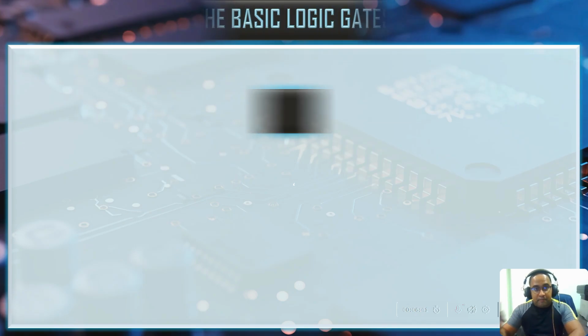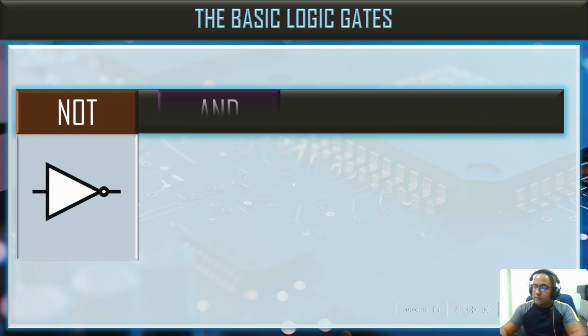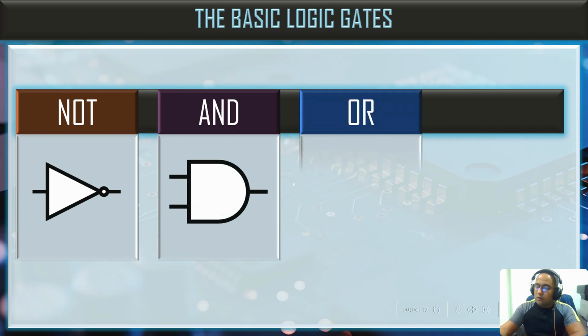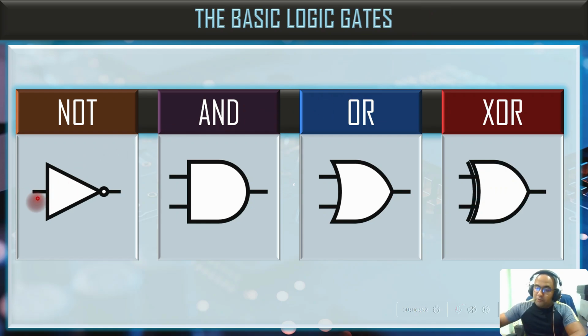Now, let's take a look at the basic logic gates, and they are the NOT gate, AND gate, OR gate, and XOR gate. The NOT gate performs inversion. It takes one input and gives the opposite output. The AND gate gives output 1 only when both inputs are 1.